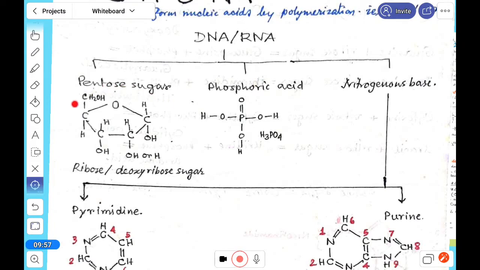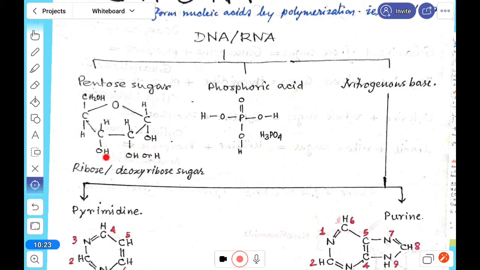There are 3 parts. First, the pentose sugar, which is either ribose sugar or deoxyribose sugar. Why the name? Ribose sugar has this oxygen available, and in deoxyribose sugar, which is in DNA, this oxygen is absent and only hydrogen is there. So deoxy.